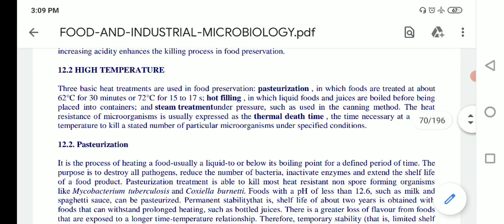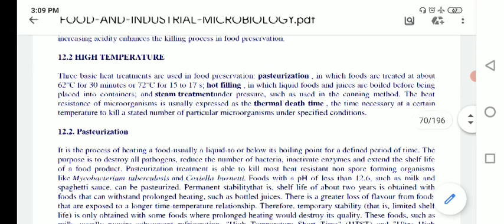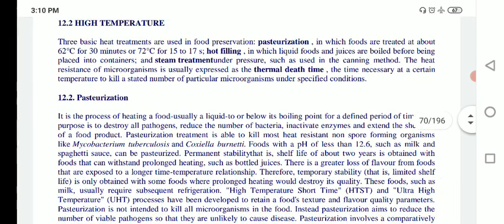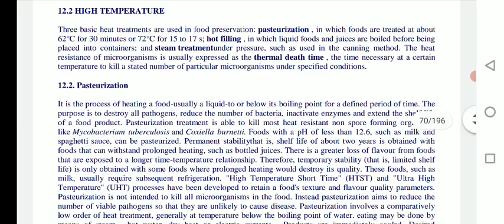Steam under pressure, you have studied in the principle of the autoclave, is very effective in eradication of all kinds of microbial flora, and is used in the canning method. Heat resistance of microorganisms is usually expressed as the thermal dead time.